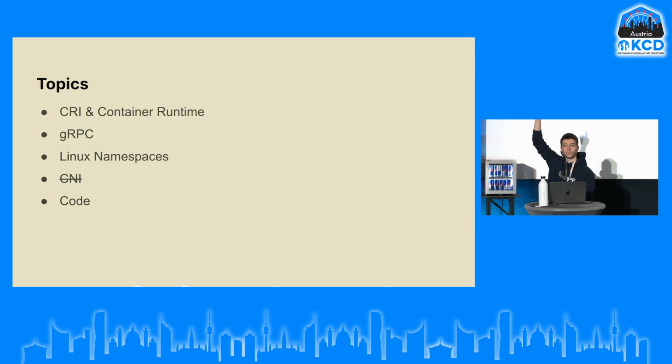If you know what gRPC is and how it works, leave it up. If you know what Linux namespaces are and how they work, leave it up. If you know what a CNI is and how it works, leave it up. And now, last but not least, if you have ever coded in all of these things, please leave it up. Okay, so we basically went from all the hands up to none of them.